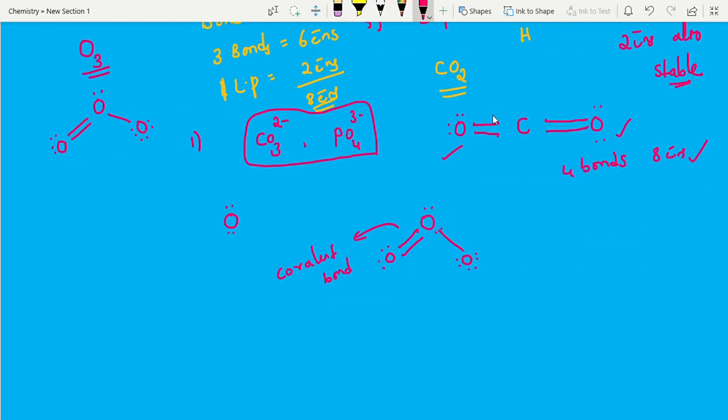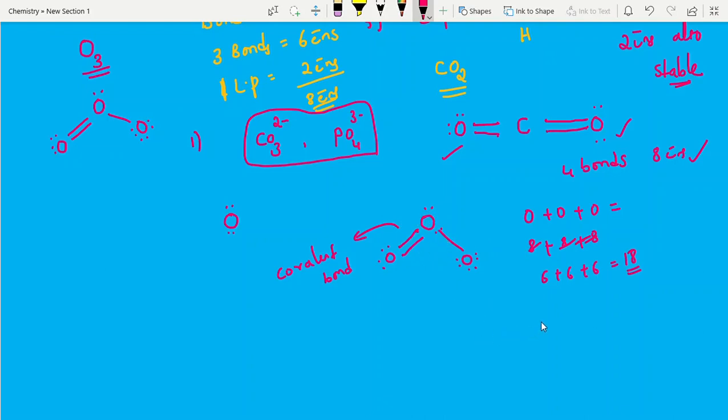Now calculate the valence electrons. You can use the same technique I gave here. If you want to calculate, you can take O plus O plus O, but only the valence electrons we have to take. So the valence electrons are 6 plus 6 plus 6, totally 18 electrons. Check whether it is satisfied or not. Here 1, 2, 3 bonds.